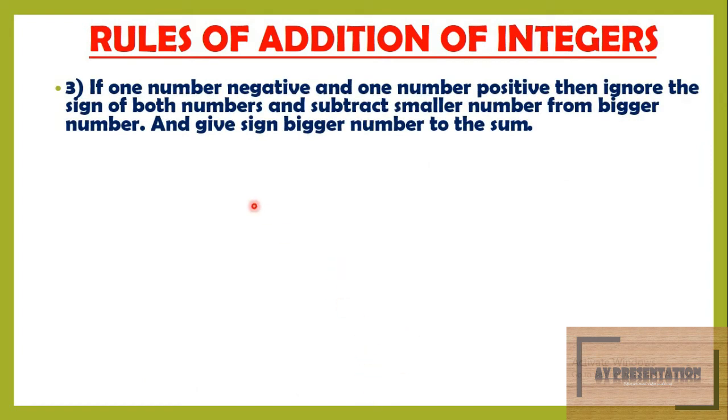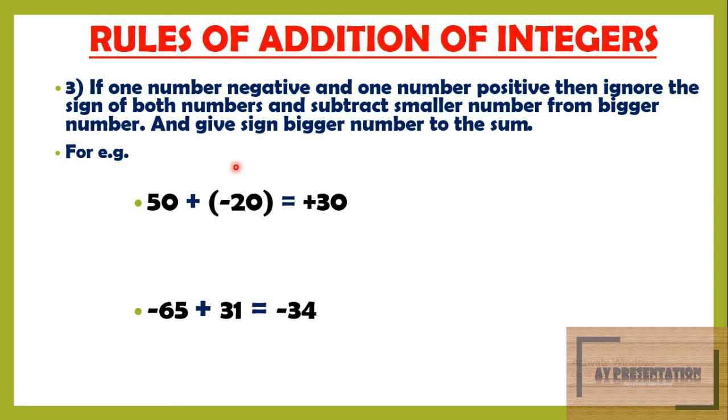Now the third rule of addition of integers: if one number is negative and one number is positive, then ignore the sign of both numbers and subtract the smaller number from the bigger number and give the sign of the bigger number to the sum. Now observe the example. Here 50 is a positive number, then plus, in brackets, 20 is a negative number.